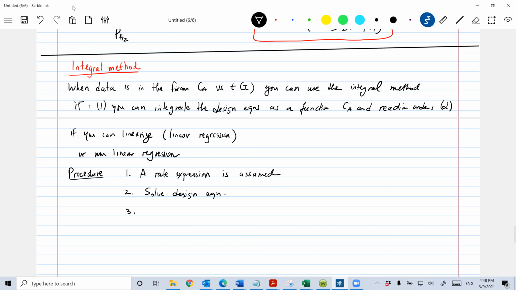In your third step, you get a relationship between CA versus time or tau, right? And then you can linearize the relationship. And then fourth is to plot or do nonlinear regression. So this could be replaced with a nonlinear regression.